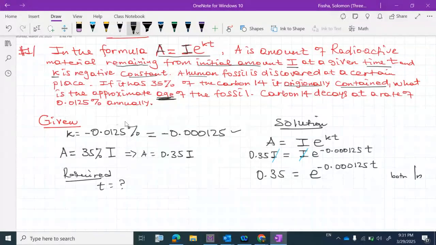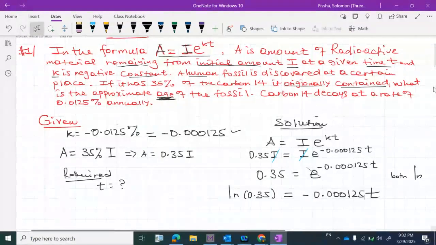If I multiply both sides by ln, it will cancel e and bring this exponent down. So I'll get ln of 0.35 equals, when I multiply the whole thing by ln, it cancels e and simply brings the negative 0.000125 t down.